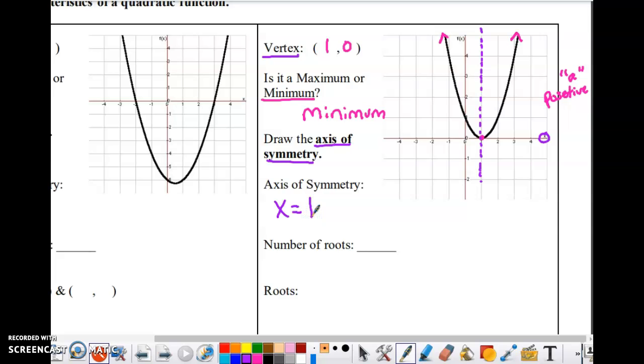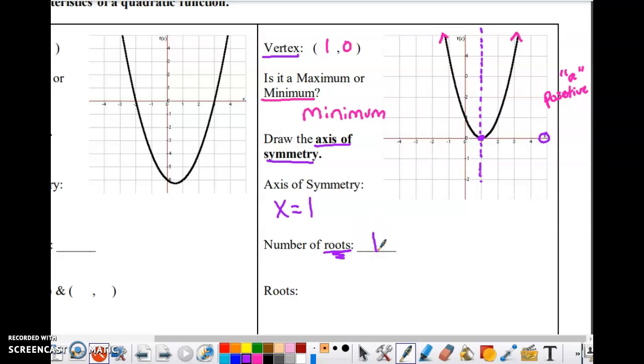Now, here's a trick question. How many roots are there? How many times does it cross or touch this line? Only one time, right here. It touches the x-axis one time. So it has one root.